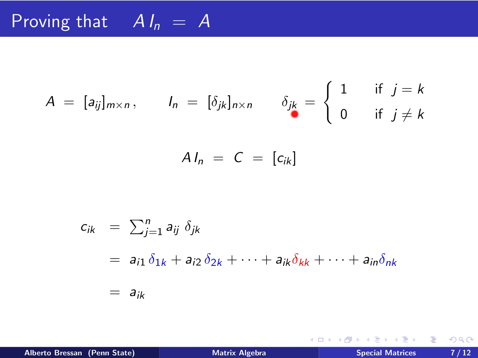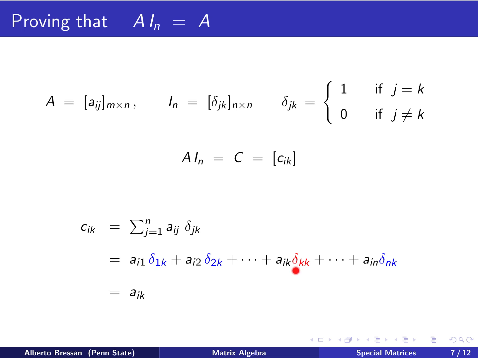Because for delta, if the two indexes are the same, when j equals k, it's 1. So this delta is 1, and all the other deltas in blue will be 0. So all these terms, there is only one potentially non-zero term. One non-zero term for delta, all the others are 0.